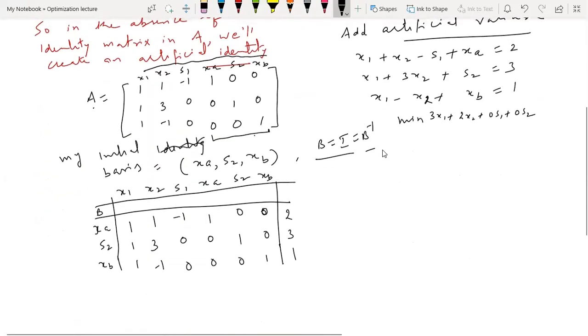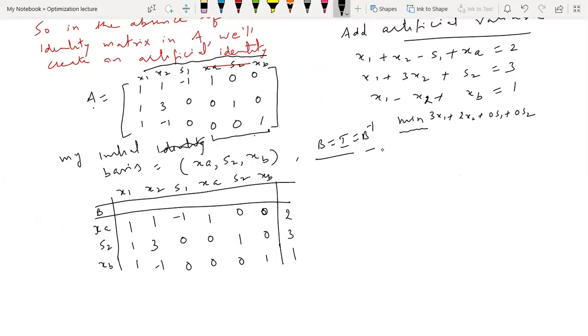Now since I have added artificial variables, they should also have some contribution in the objective function. Here is what is going to decide what happens with the artificial variables: the proper choice of their coefficients. Since the problem is minimization type, please be careful here.